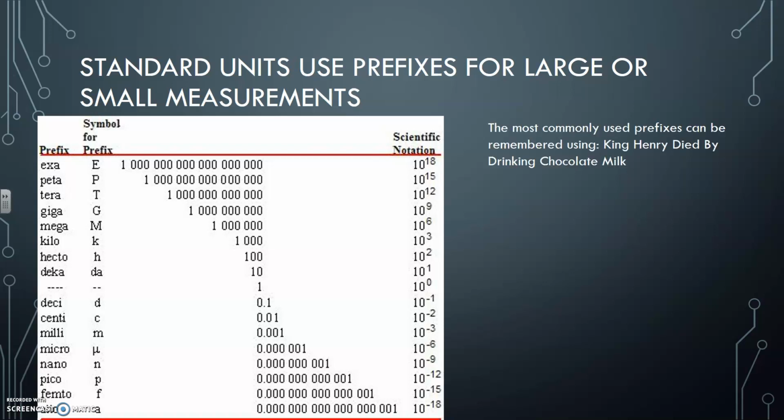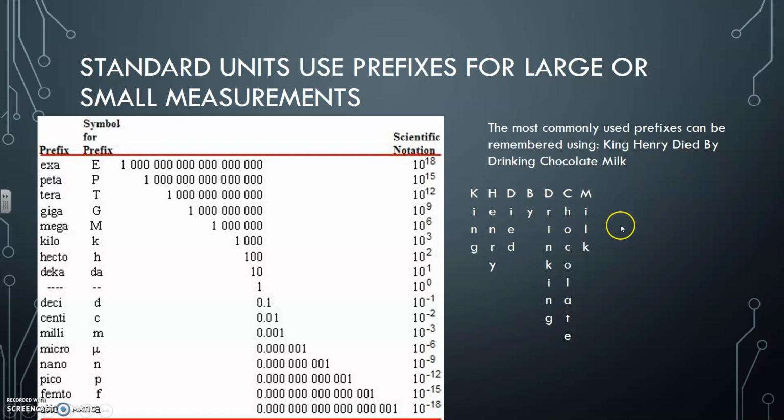But the most common prefixes, kilo, hecto, deca, deci, centi, and milli, can be remembered using King Henry died by drinking chocolate milk. Doesn't make sense, but okay. You've got the first letter of each word in this sentence, so K, H, D, B, D, C, M, where your B is your base.